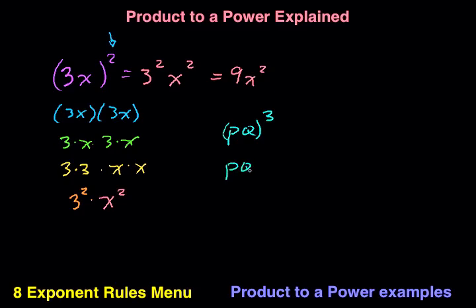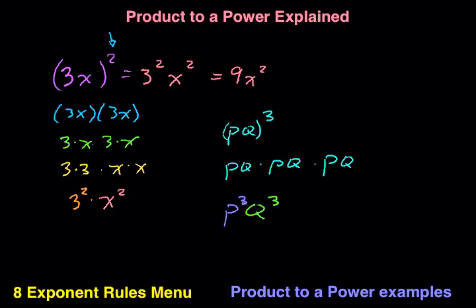This is PQ times PQ times PQ. And I hope you can see, just with a little bit of rearrangement, I've got P, which is being multiplied by itself 3 times, and I also have Q, which is being multiplied by itself 3 times. So what is PQ quantity cubed, or quantity to the third power?